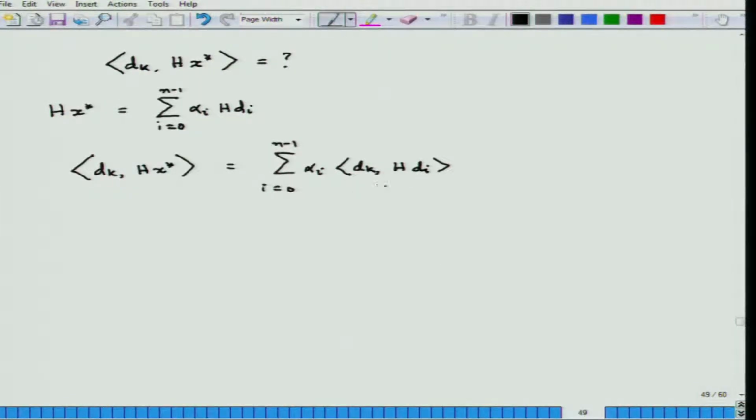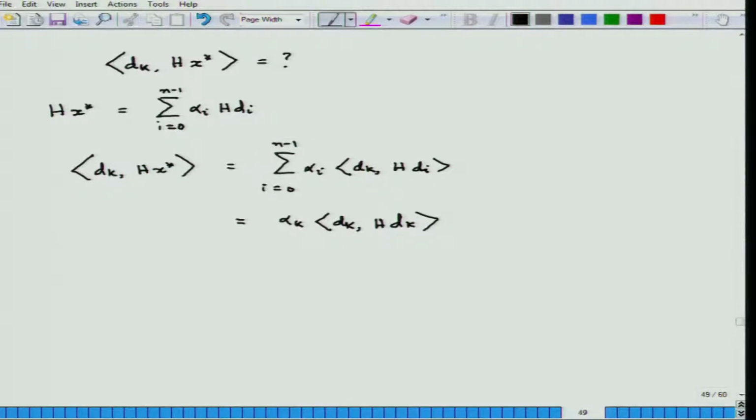Because they are conjugate directions, except for dk, everything else would be 0. Dk h di, when k is not equal to i, is 0. So, what I finally get is alpha k dk h dk, that is what you will get.